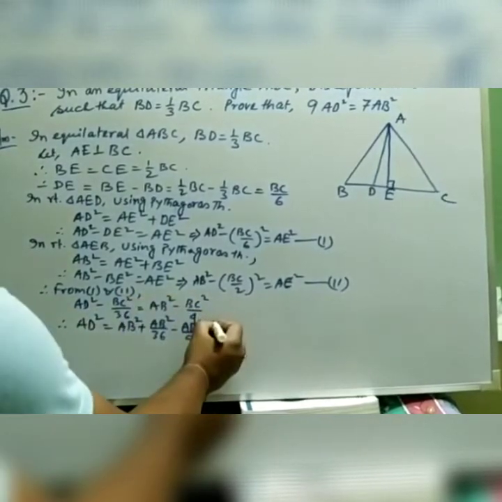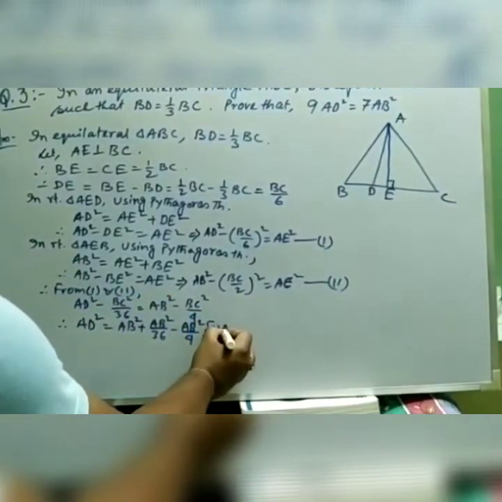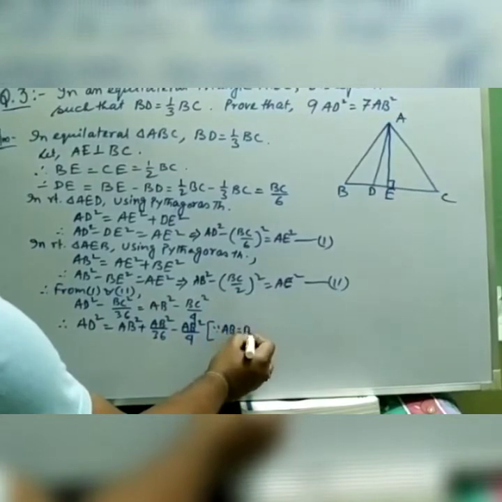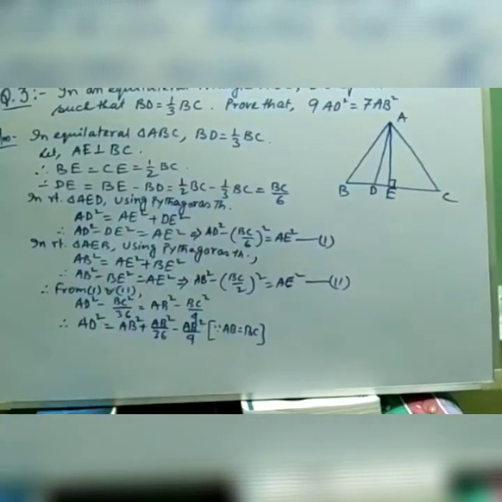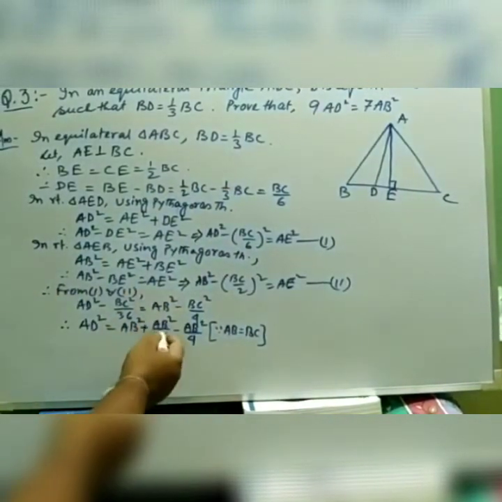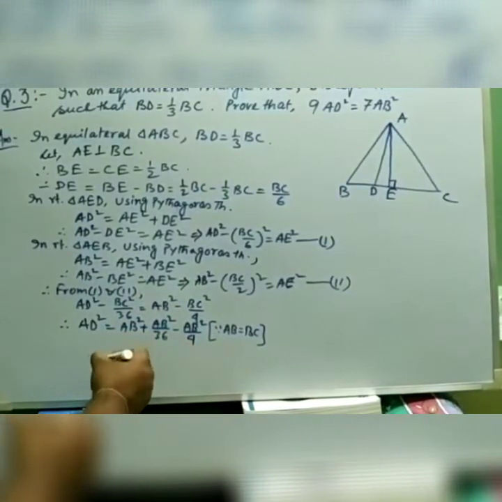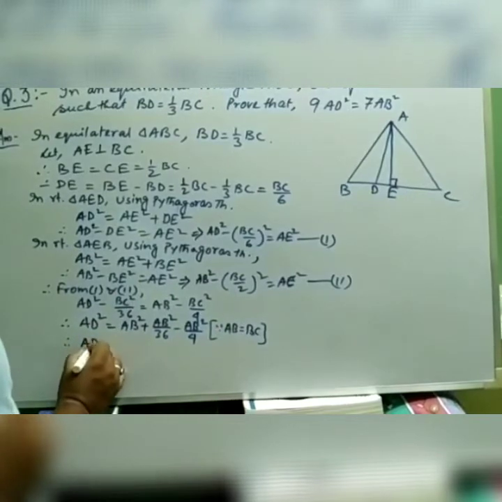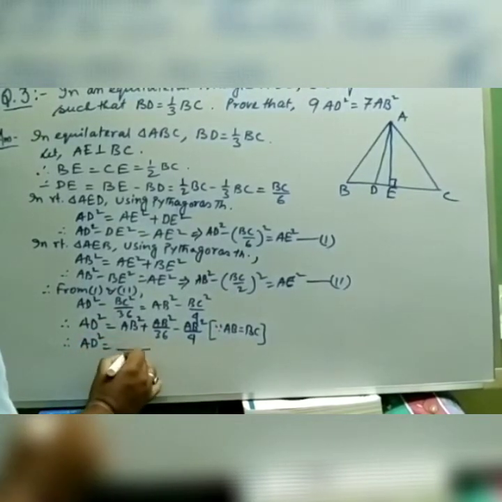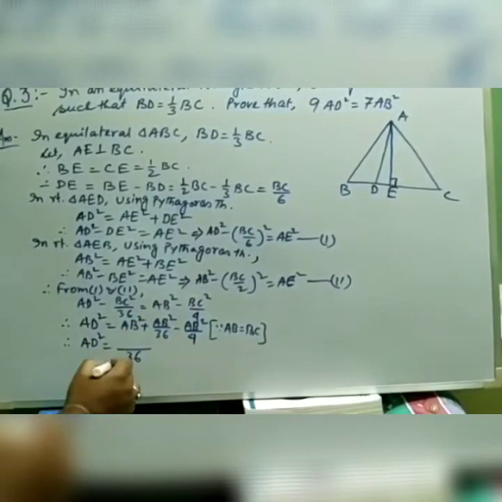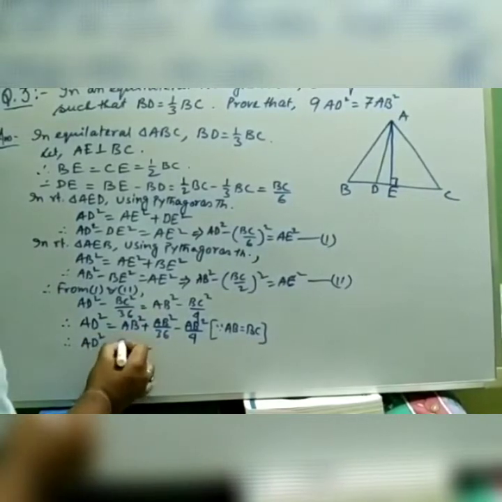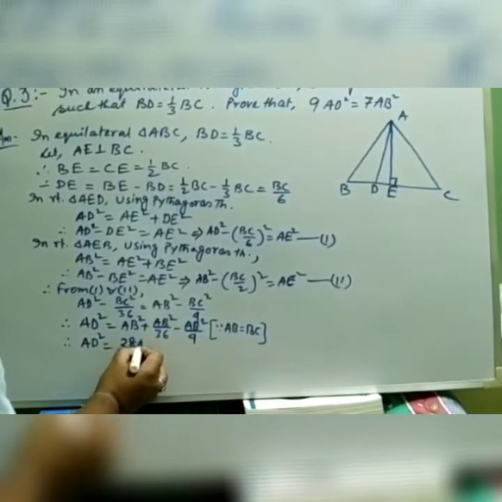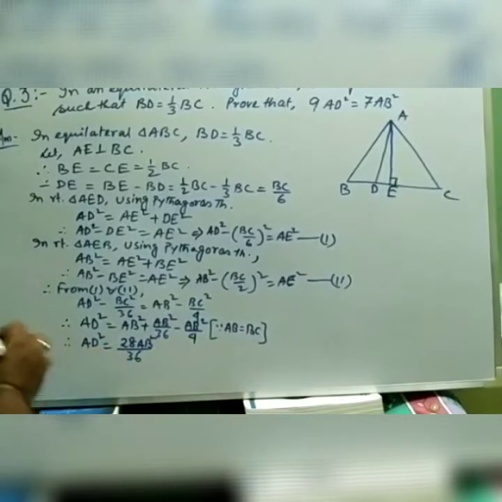We can write AB equals BC, because the triangle is equilateral, and from here you can see that 36 will be the LCM. So we take AD square equals, with 36 as the LCM, and doing the calculation we get 28 AB square over 36.